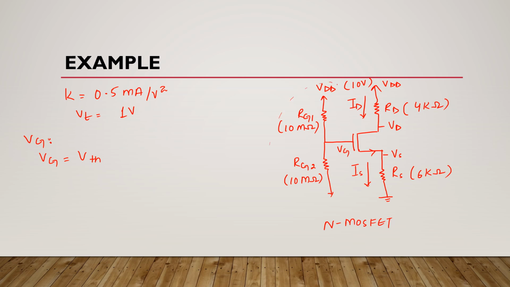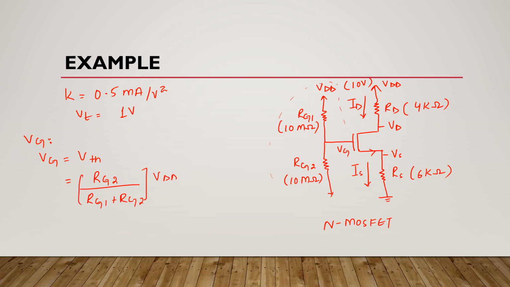Okay, and the formula is Rg2 divided by Rg1 plus Rg2, and it is multiplied by VDD.